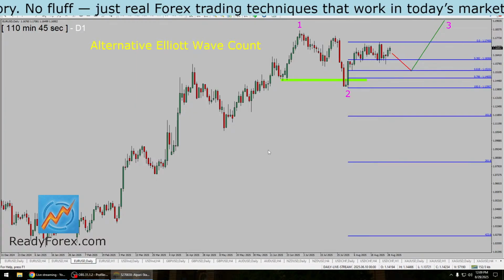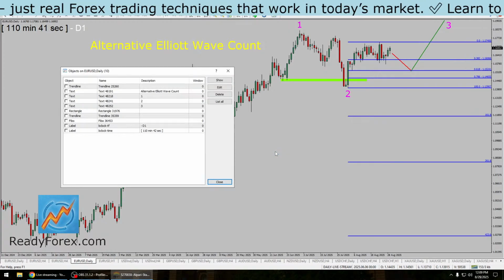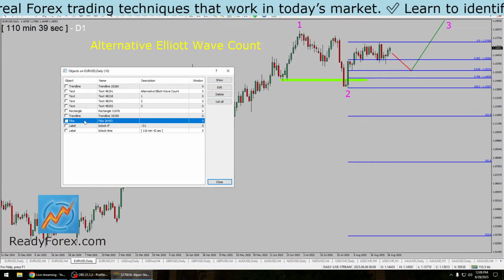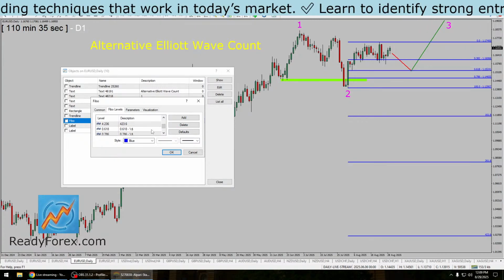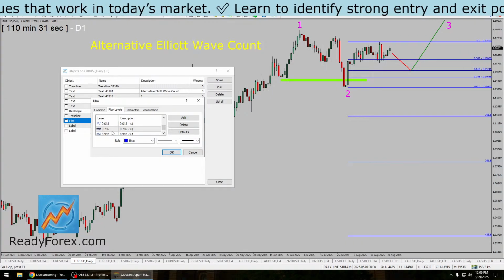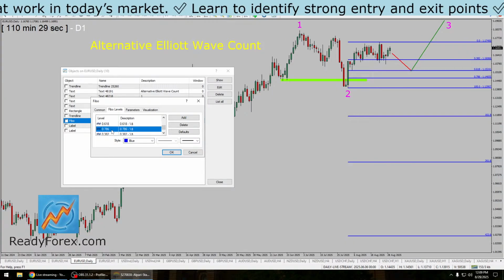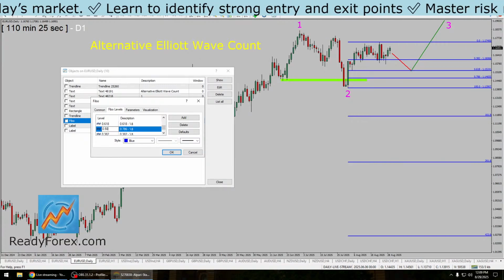Okay, it seems market is going to take some time. Let me go to the objects list again. So we have the 0.786 level, I'm going to use as 50%.